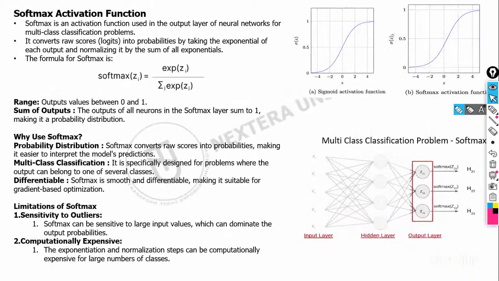Then we also discussed the softmax activation function. The softmax activation function uses the formula e power zi divided by the summation of i equals 1 till n of e power zi. So the range is between 0 to 1.